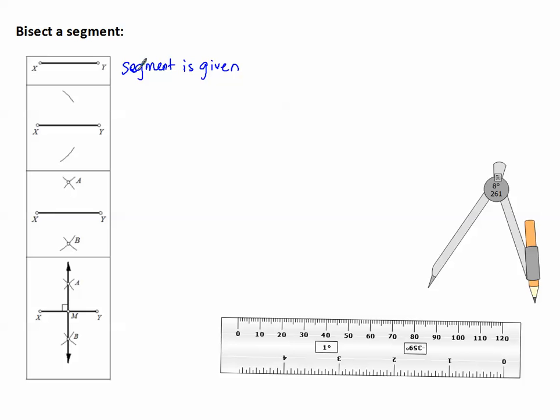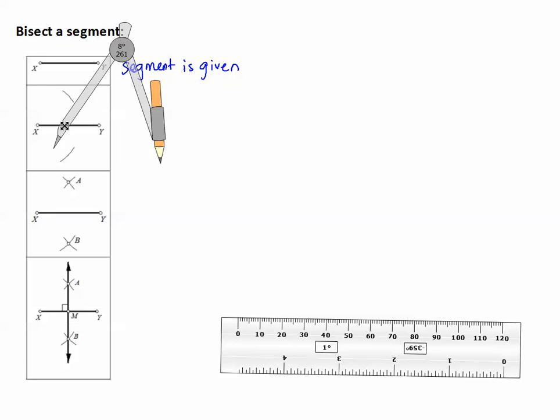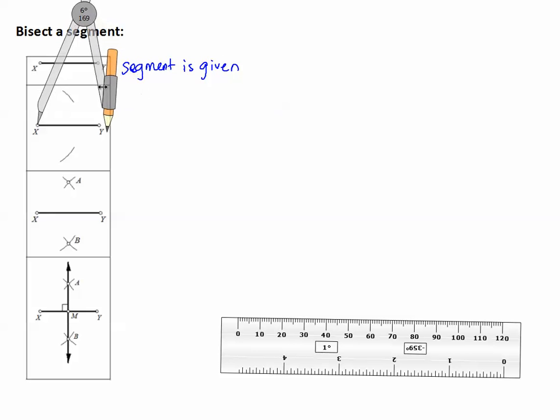Well, similarly to how we copied a segment, we put the center of the compass, the pointy part, at one endpoint. And then we make sure that the compass is open wider than halfway. Now, how wide is that? Well, I eyeball about where midpoint is, and I make sure it's open past halfway.